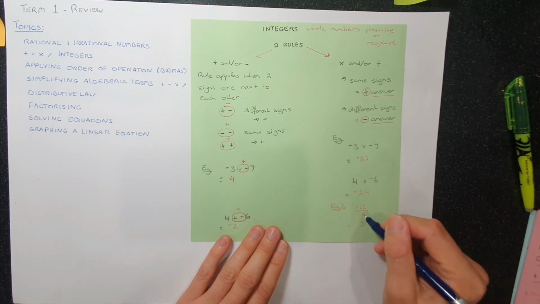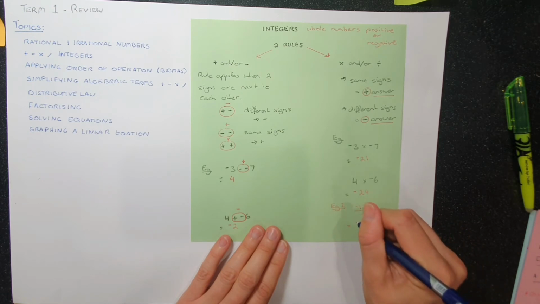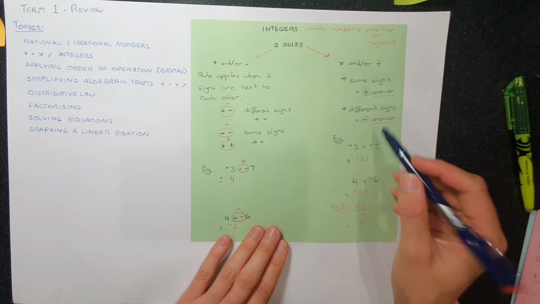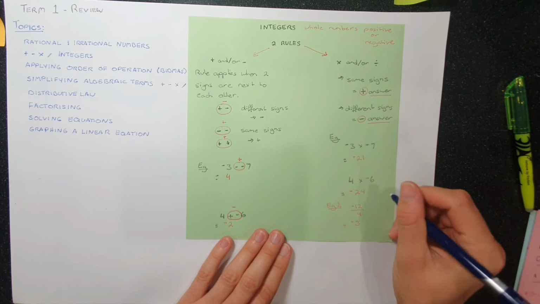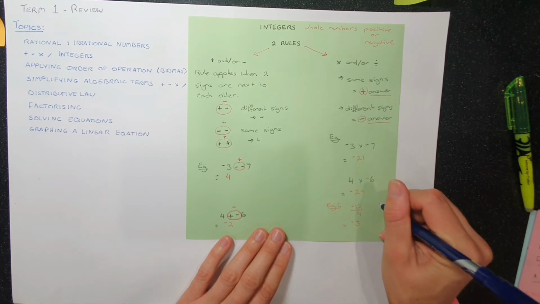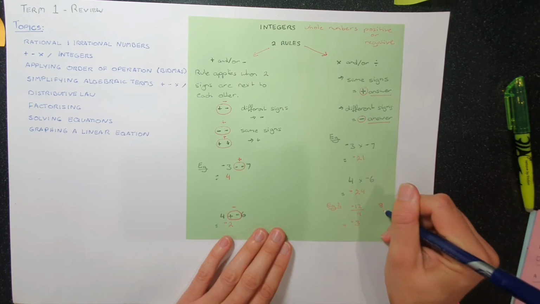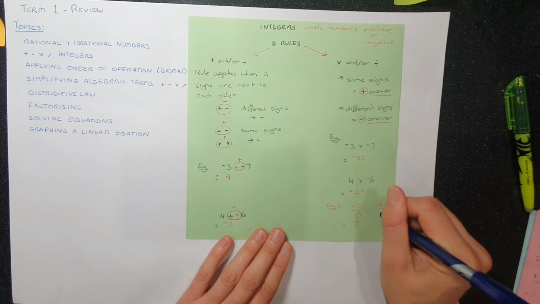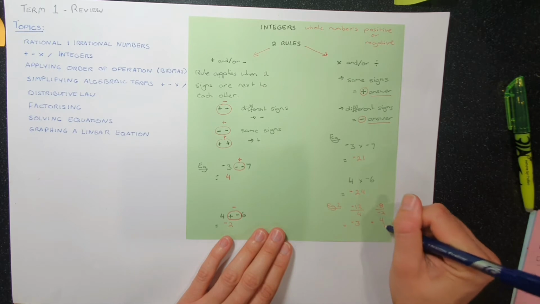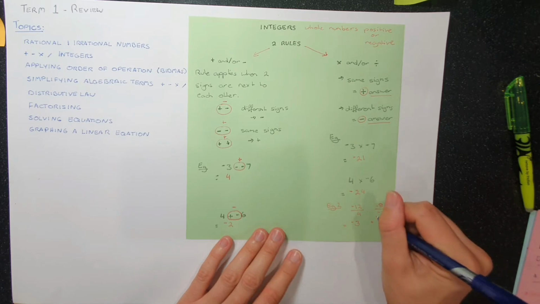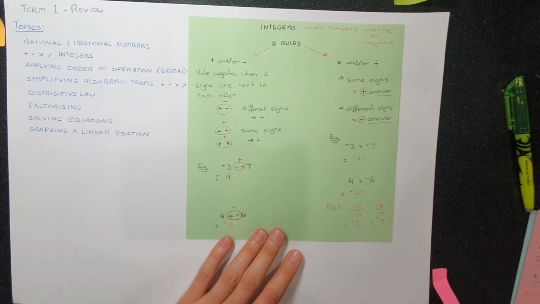And a negative divided by a positive is going to be a negative because the signs are different. Negative and positive signs are different. If I have negative 8 divided by negative 2, 8 divided by 2 is going to be 4, and a negative divided by a negative is a positive. All right.